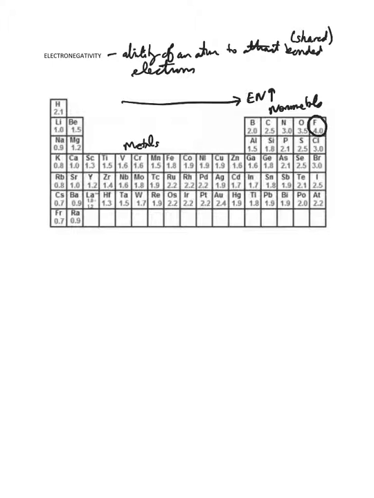They want to, in fact, gain electrons. They very much like electrons, whereas metals want to lose electrons when they form ions. And so that makes sense that as we go across the periodic table from left to right, electronegativity increases.